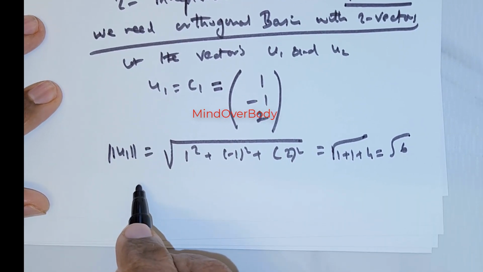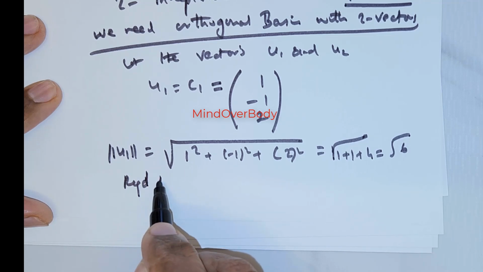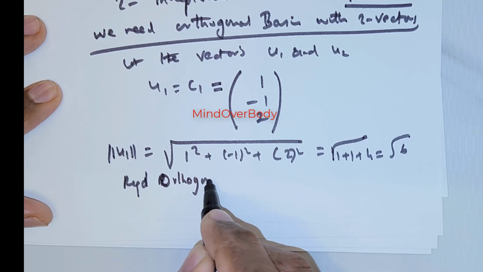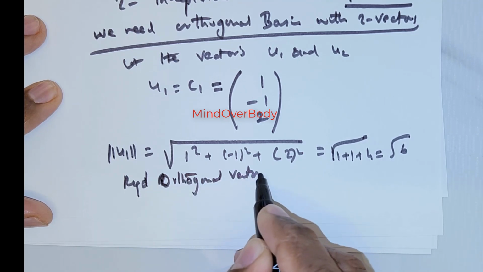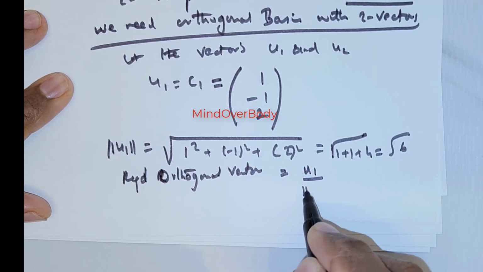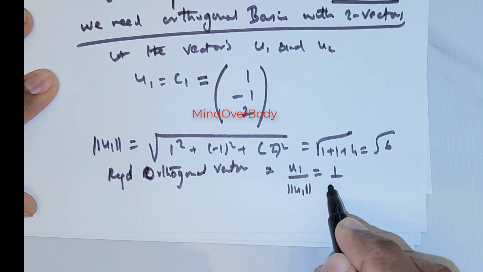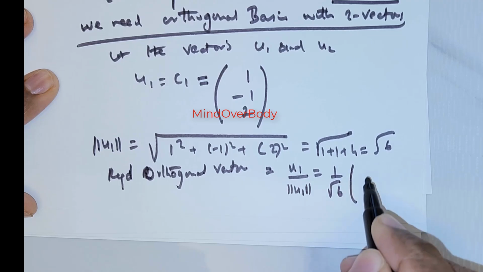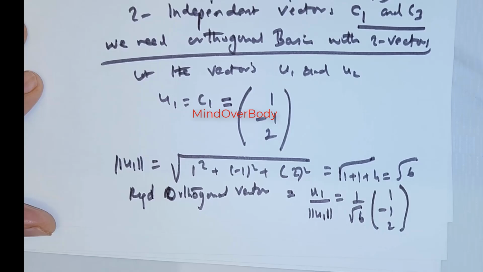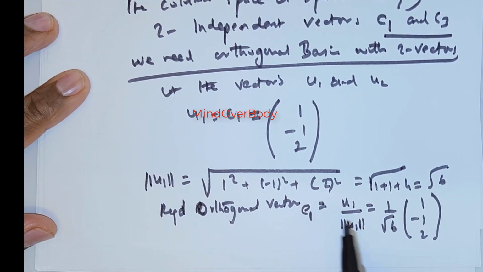So the required orthogonal vector is u1 over the norm of u1, which is 1 over root of 6 times 1, -1, and 2. So this is going to be our orthogonal vector. One vector is already found. Let me name this as E1.